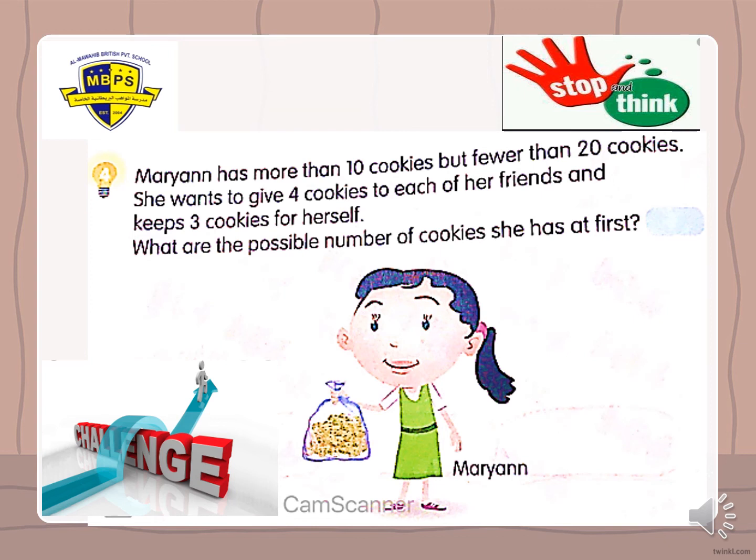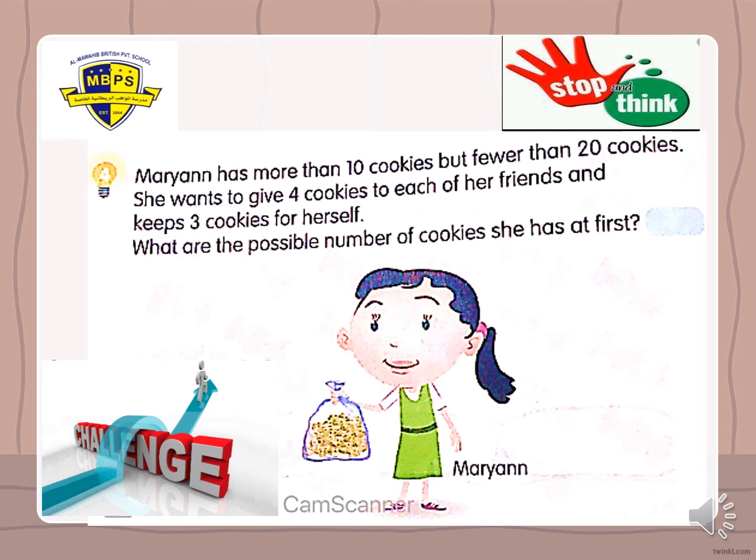She wants to give 4 cookies to each of her friends and keep 3 cookies for herself. What are the possible numbers of cookies she has at first, before she shares? Let's discover how many cookies she has before she shares.